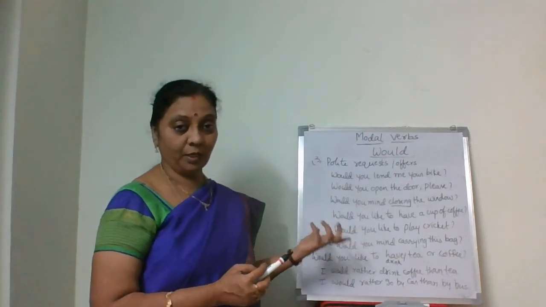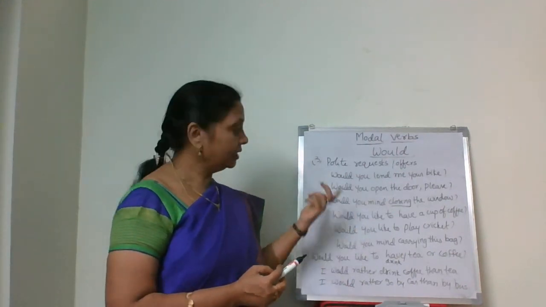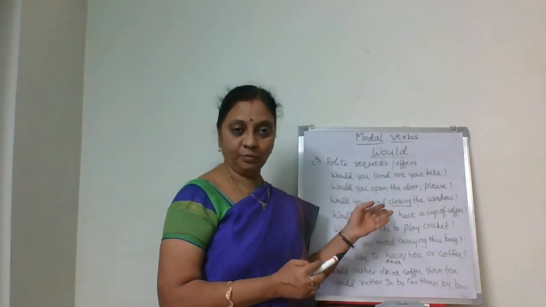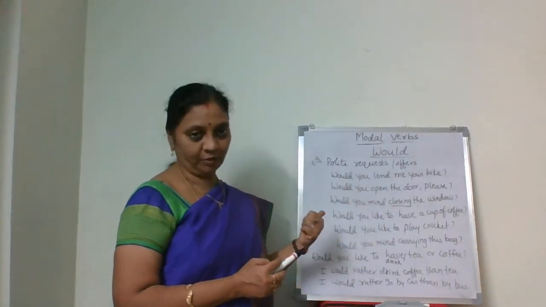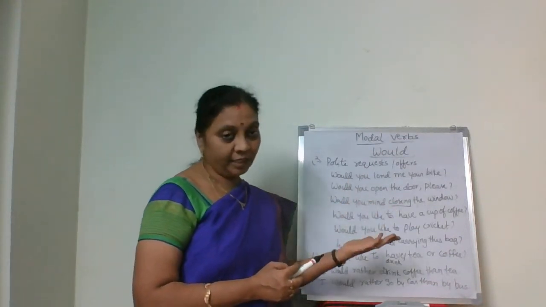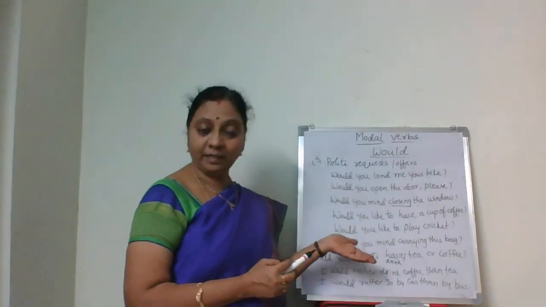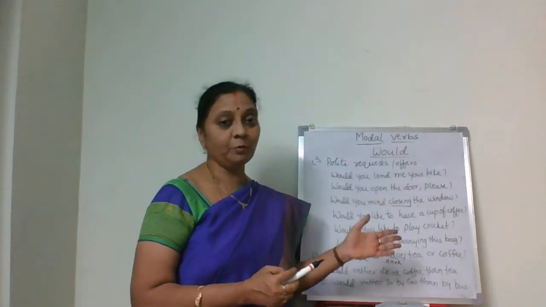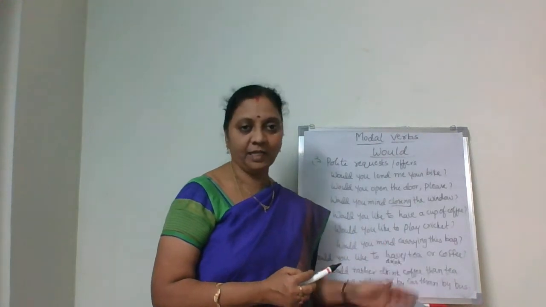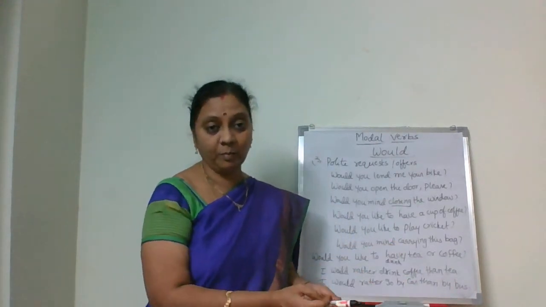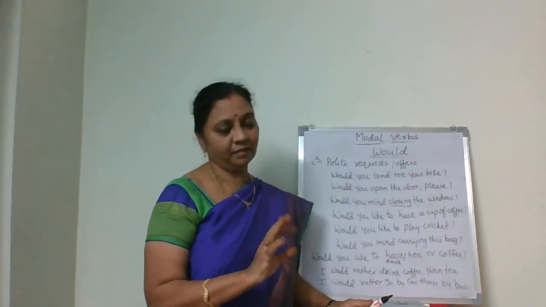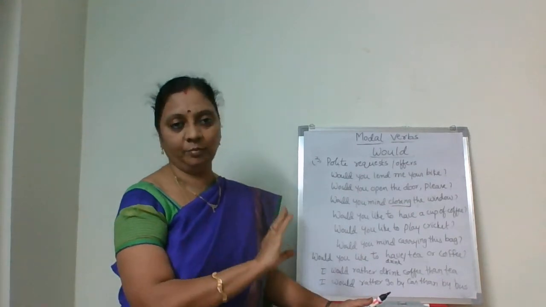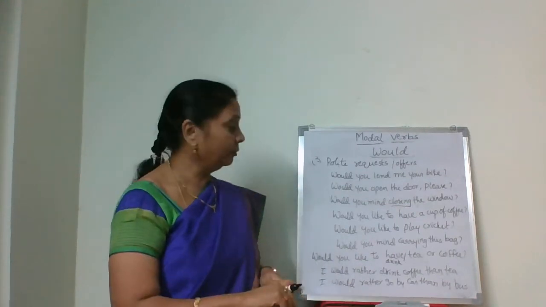It is also a polite request, whereas with could we can't use it like this, only with would is it possible. Would you mind carrying this luggage? Would you mind carrying my luggage or this bag? In such cases we use would.